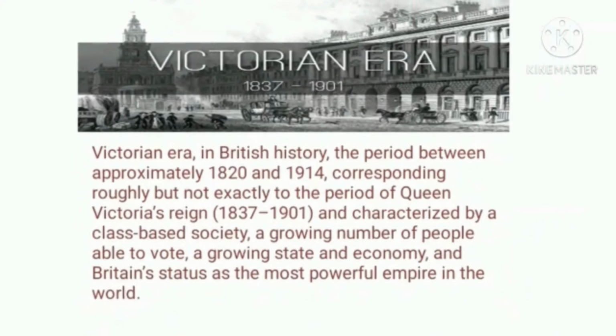The Victorian era in British history is the period between approximately 1820 and 1914, corresponding roughly but not exactly to the period of Queen Victoria's reign, 1837 until 1901, and characterized by a class-based society, a growing number of people able to vote, a growing state in the economy, and Britain's status as the most powerful empire in the world.